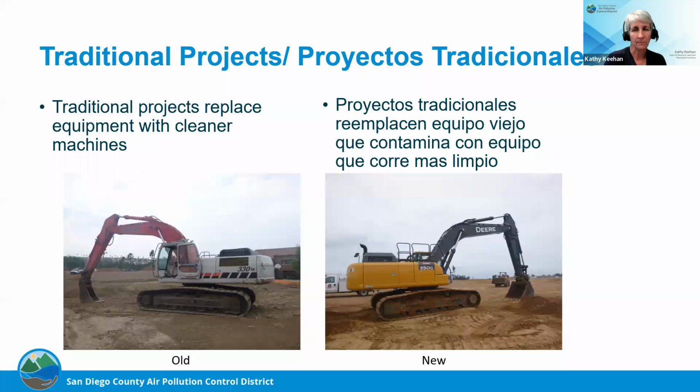Our traditional programs have covered all sorts of mobile equipment: trucks, buses, construction equipment, agricultural equipment, boats, locomotives, forklifts, pretty much anything that moves around and is powered by diesel has been considered for programs at one point or another.